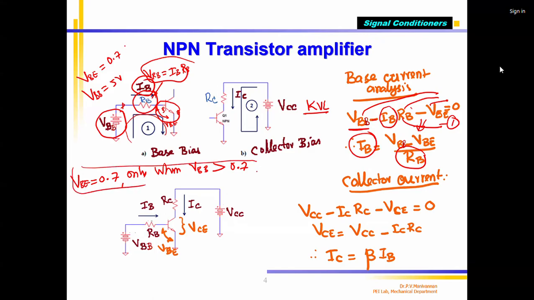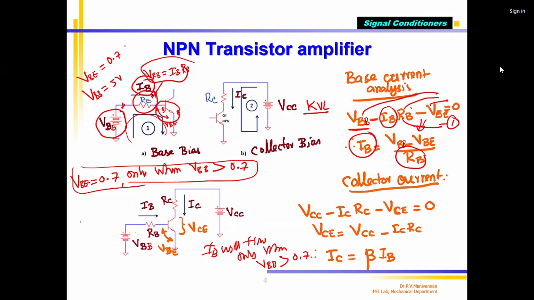Now, I told you the current IB will flow only when VBB is greater than 0.7. Minimum greater than 0.7, that means it should be 0.8 volt, 0.9 volt, or at least 0.75 volt, something like that. Then only the current IB will flow.